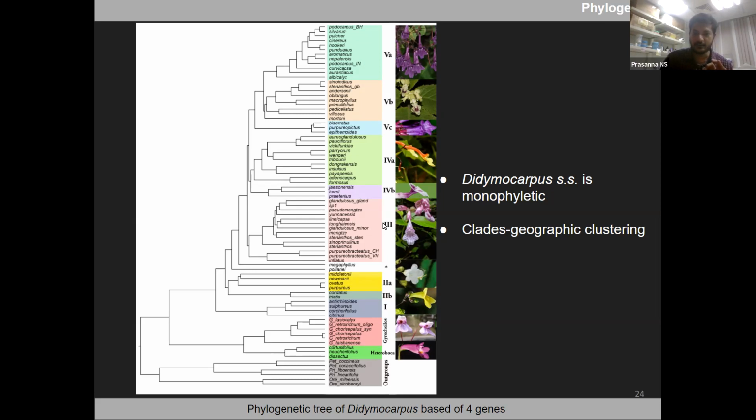Clade 3 is mostly the taxa from China. Clade 4 has Malaysian as well as some of the Indo-Burmese taxa. Clade 5 was dominated by Indian taxa. The genus Gyrochilus was sister to some of the Eastern Chinese Didymocarpus, which were acaulescent.